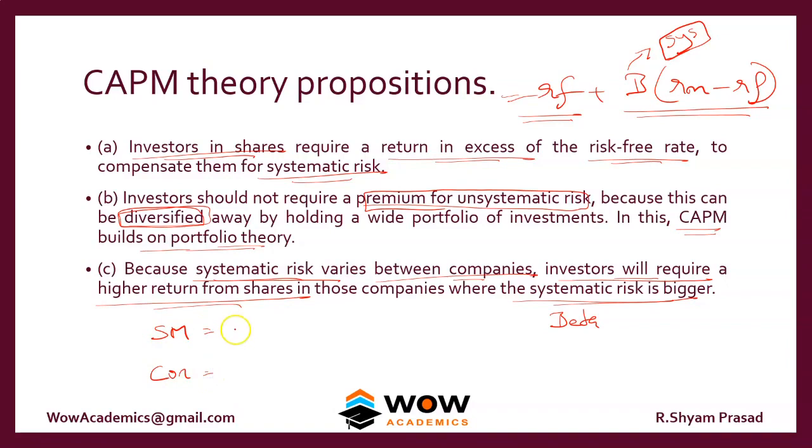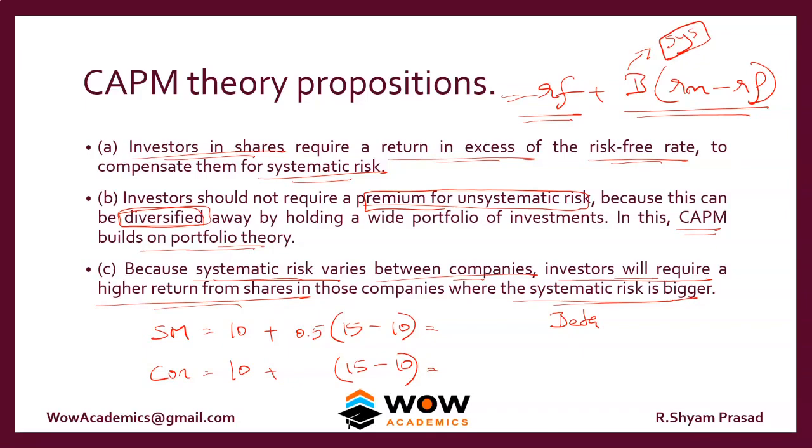RF for both the companies is 10, and RM is around 15. So RM minus RF, again the formula is RM minus RF. Assume we just now discussed that supermarket companies usually have a very low systematic risk, so their beta will be low, so we'll take it as 0.5.